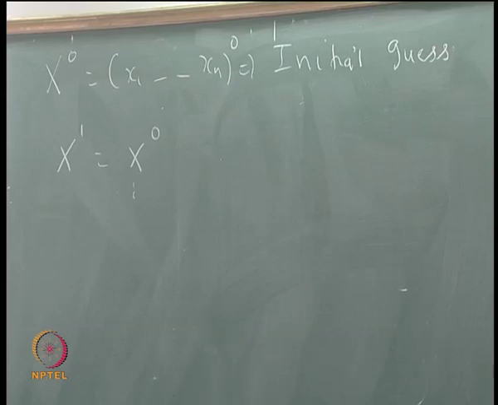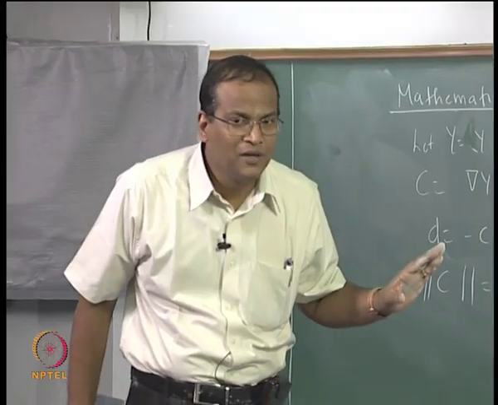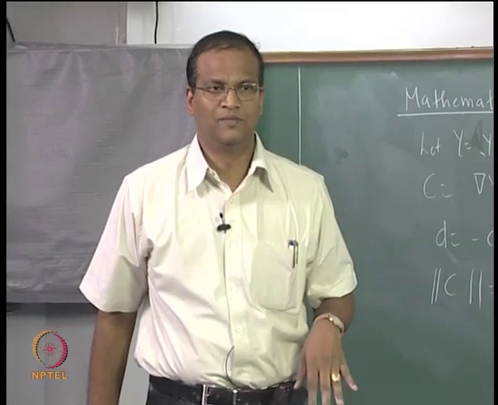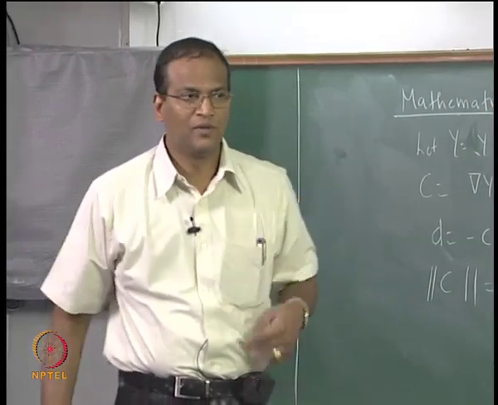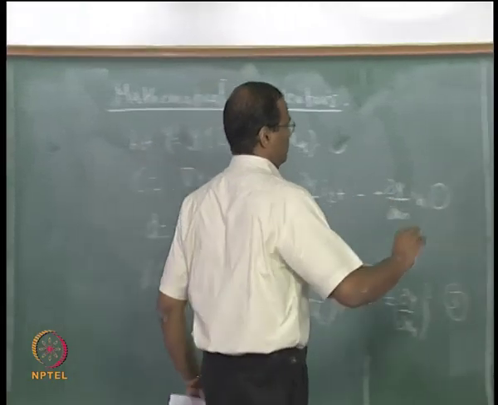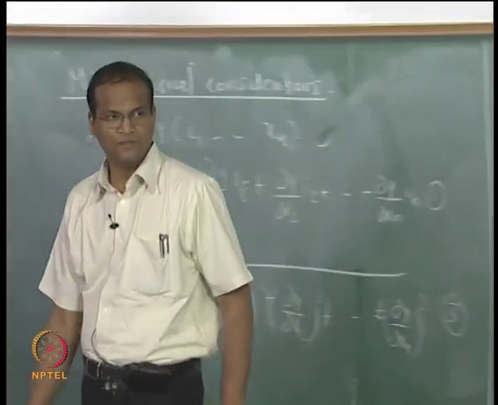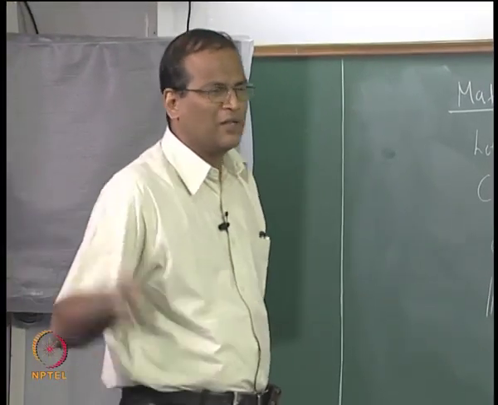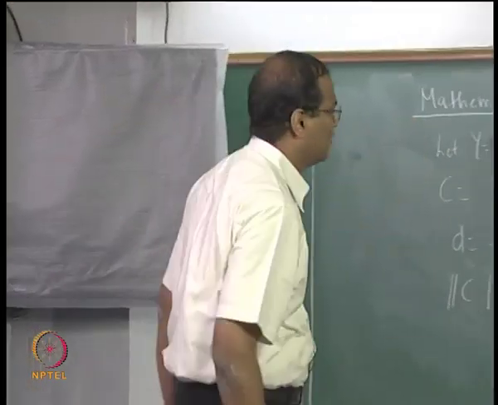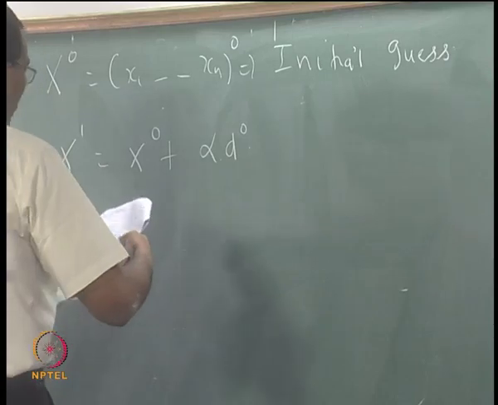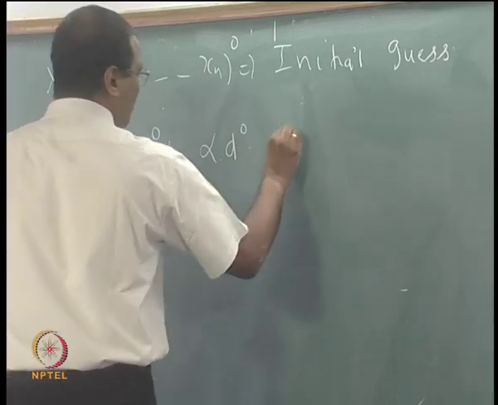So x1 equals x naught plus alpha times d naught, correct? Of course, the treatment is for a minimization problem, with minus dy by dx1. Otherwise, you can adjust alpha, do not worry about the sign. We can call this 4.